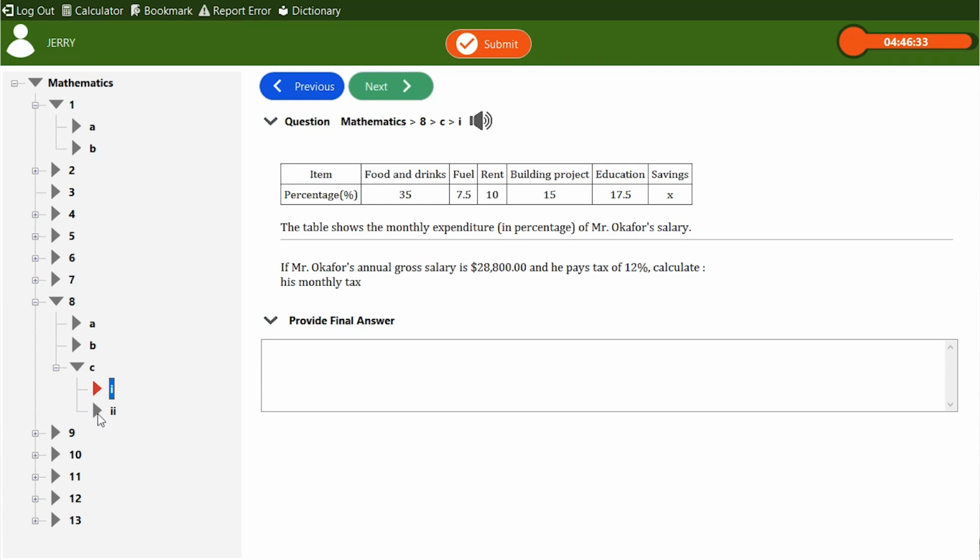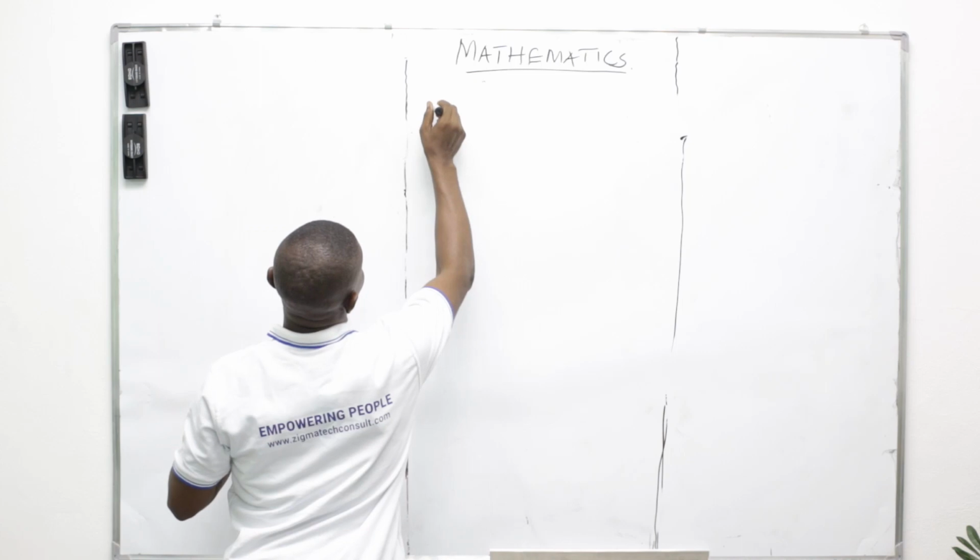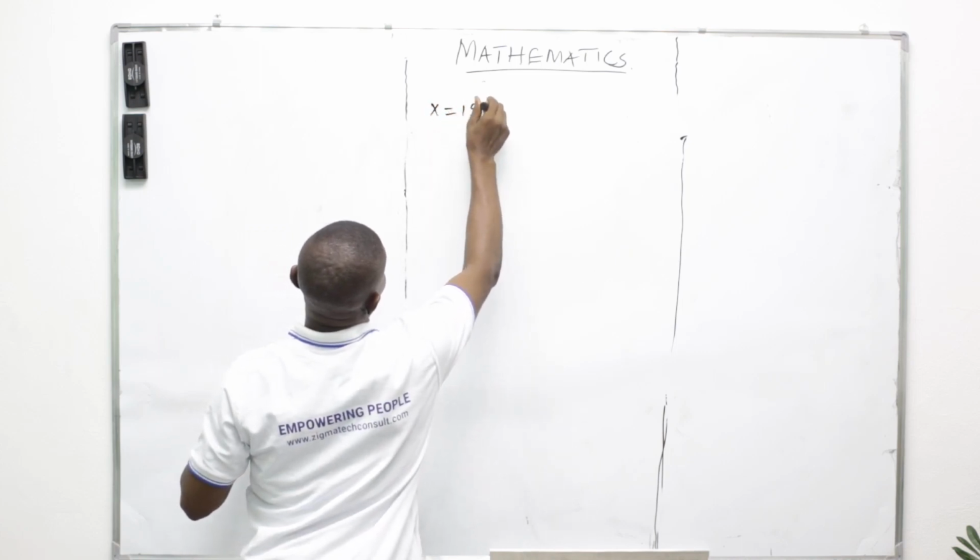Let's check II, CII. If Mr. Okafor's annual gross salary, okay, calculate amount saved each month. The amount Mr. Okafor will save in each month. Now, there is something you need to recall. Recall that our savings, which is X, is what? 15%.